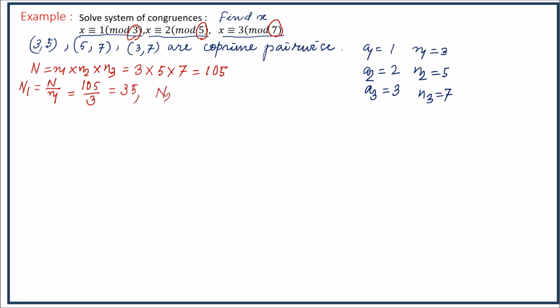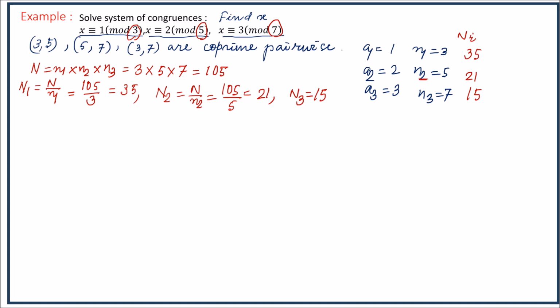Similarly, capital N2 equals 105 over 5. It will be 21, and capital N3 equals 105 by 7. That will be your 15. So I'm writing capital N individually, that is 35, 21, and 15. So second step is complete.